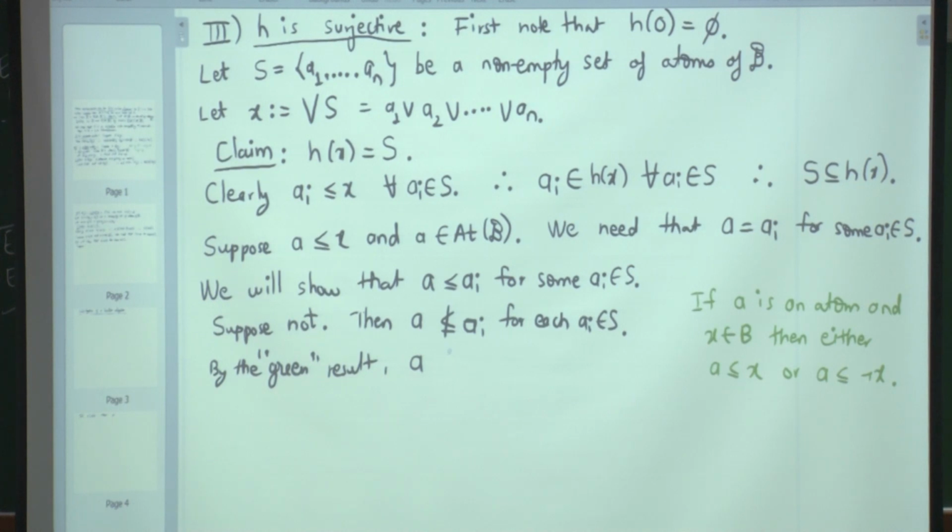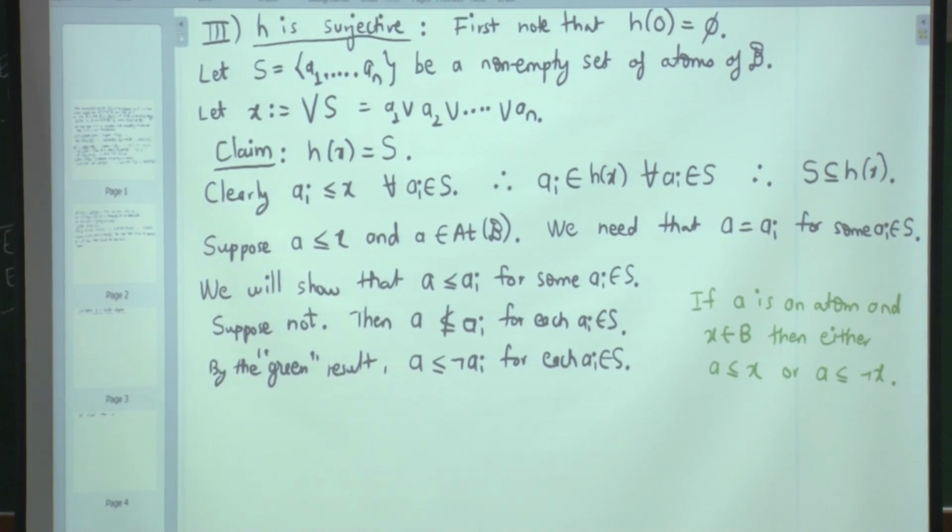If A is not less equal Ai, then A is less equal negation of Ai for each Ai in S. So then what will happen? If A is less equal negation of finitely many elements, then A is also less equal their meet. It's a common lower bound, so it should be less equal the greatest lower bound. So therefore A is less equal the meet of negation Ai where Ai belongs to S. All of you agree?